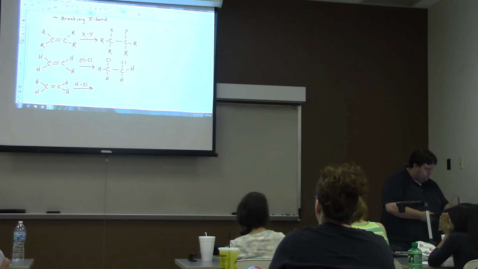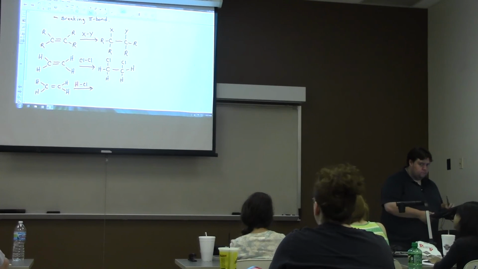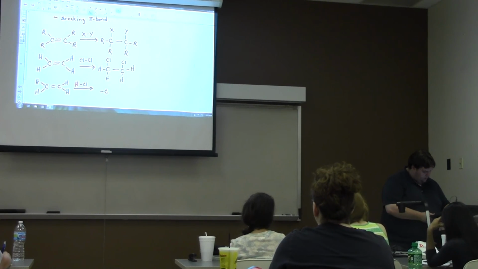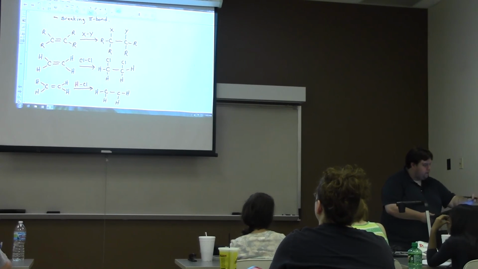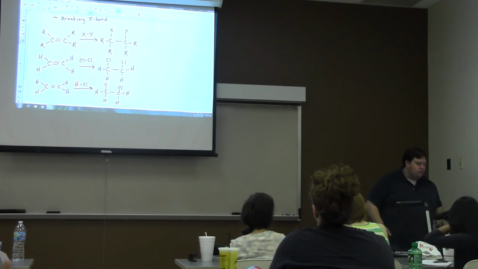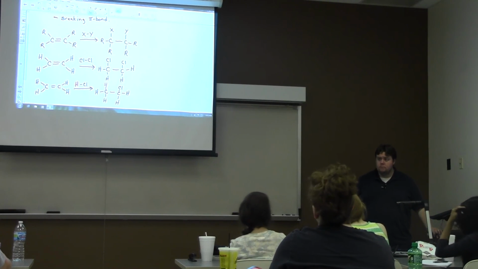Okay, I'm going to tag this H for the hydrochloric acid. Okay, what I would expect to wind up with is a product where H was added to one side and the Cl was added to the other side. Again, note the breaking of the pi bond.